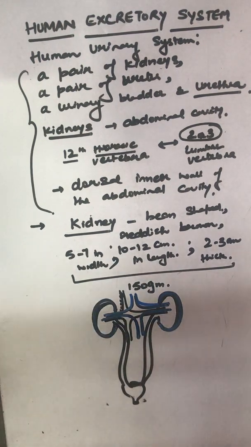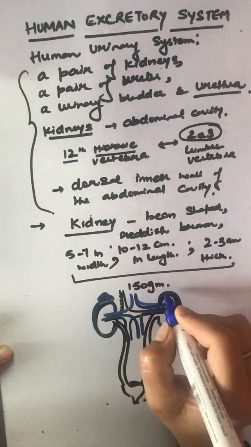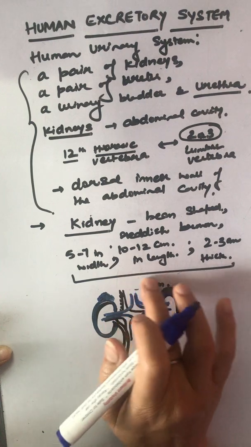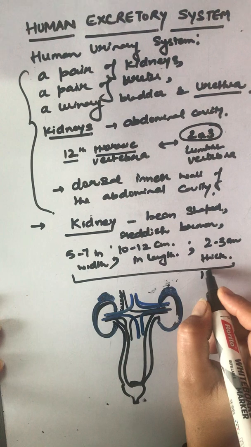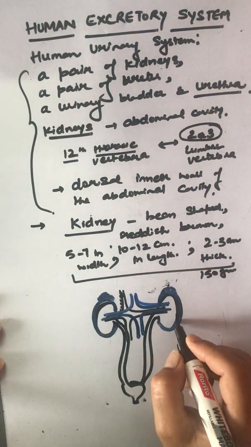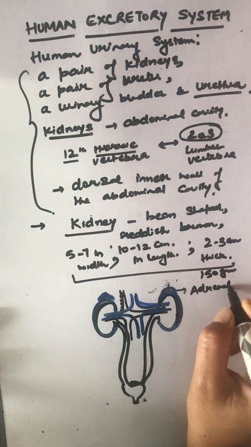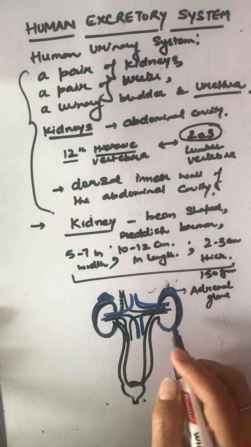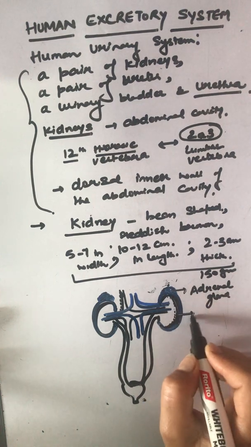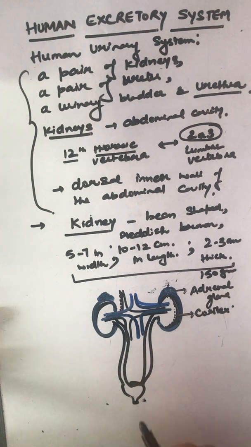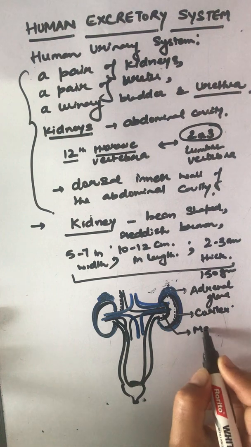Okay, on the top of each kidney, what is located? The adrenal gland. Now, these are the adrenal glands. This is the cortex region of the kidney, the one that we have darkened. And the inner one is the medulla region of the kidney.